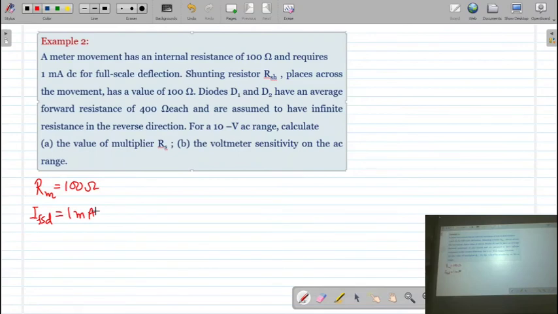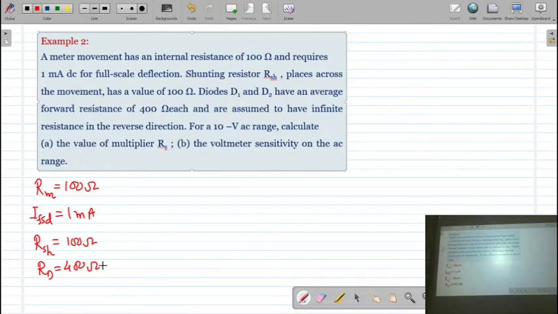The shunting resistance RSH placed across the movement has a value of 100 ohm. It means here in this meter the shunt resistance is also connected and that is also 100 ohm. D1 and D2 have an average forward resistance of 400 ohm, so RD is 400 ohm. Assume infinite resistance in reverse bias.